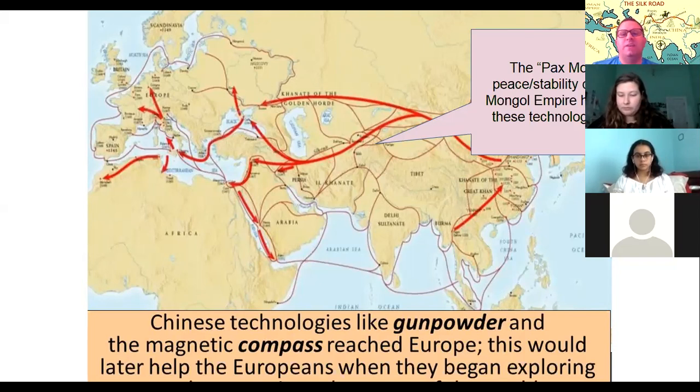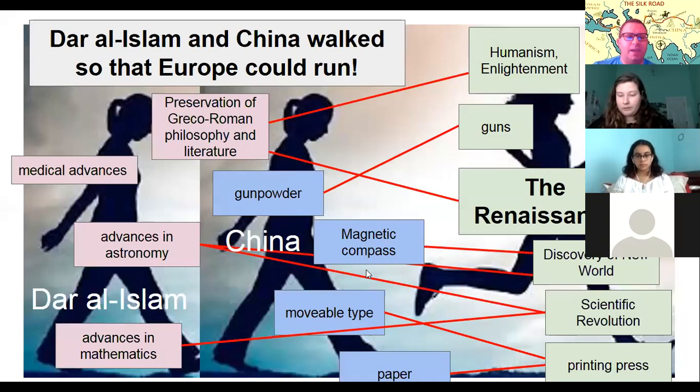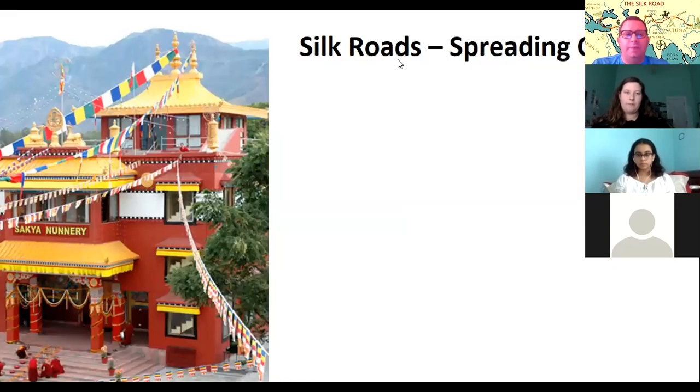And so it is eventually during this time that things like gunpowder and the compass would make their way to Europe. Again, I've showed this graphic a million times because I think it is extremely important. China and the Muslims, the East, came up with all of these inventions so that by the time Europe gets to the Renaissance, Europe can take off and run into the age of exploration, okay?